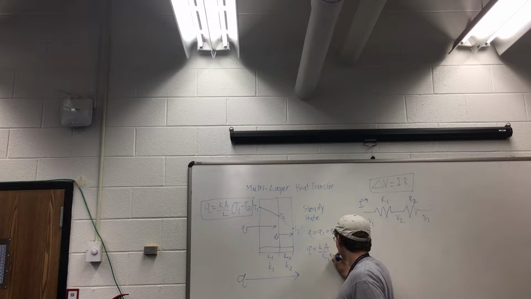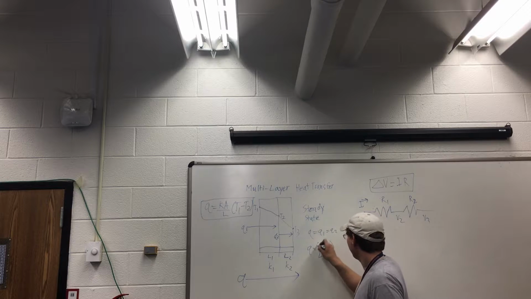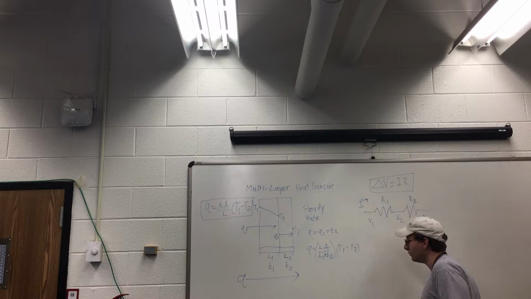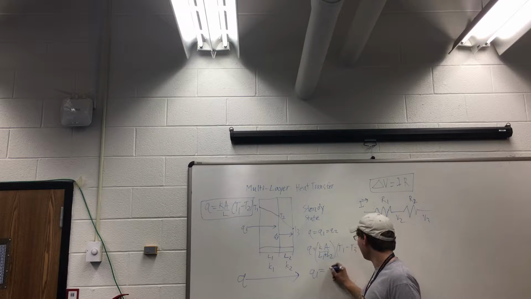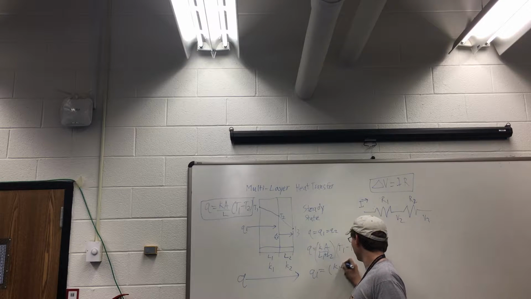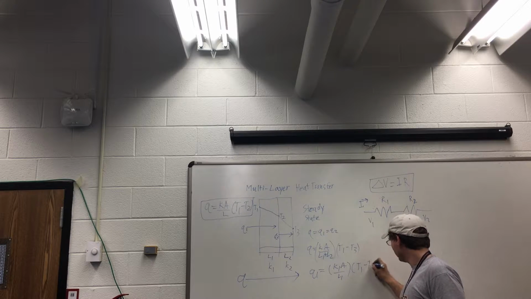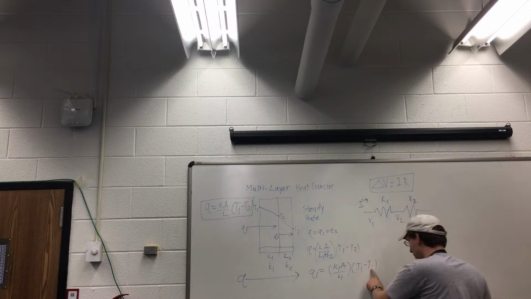Hell with it, I'll just write that, just so that we're clear. Times the temperature difference, which is T1 minus T3. So then we're going to do the same thing for Q1, which is just K1 A over L1. Temperature difference is T1 and T2.